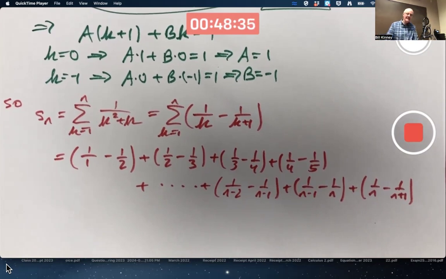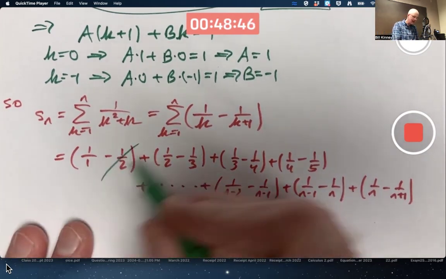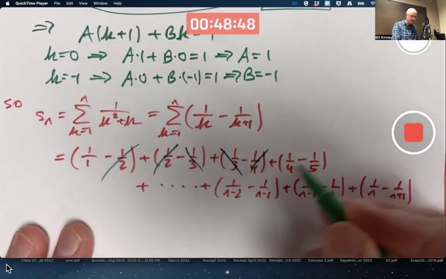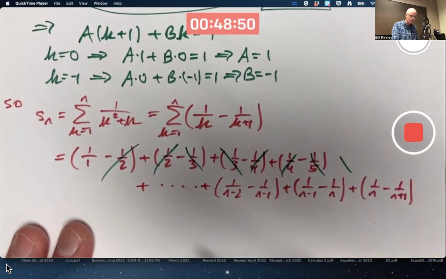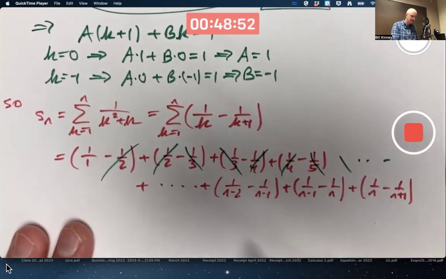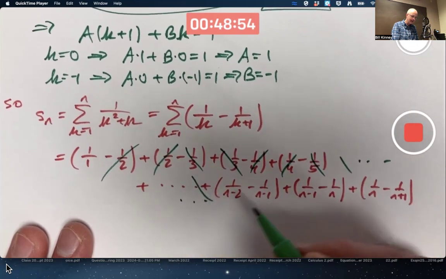And amazingly, something really cool happens here. This is a finite sum. I've got these parentheses. The associative law allows me to get rid of the parentheses and just cancel a bunch of stuff here. Dot, dot, dot. Something there cancels with that.